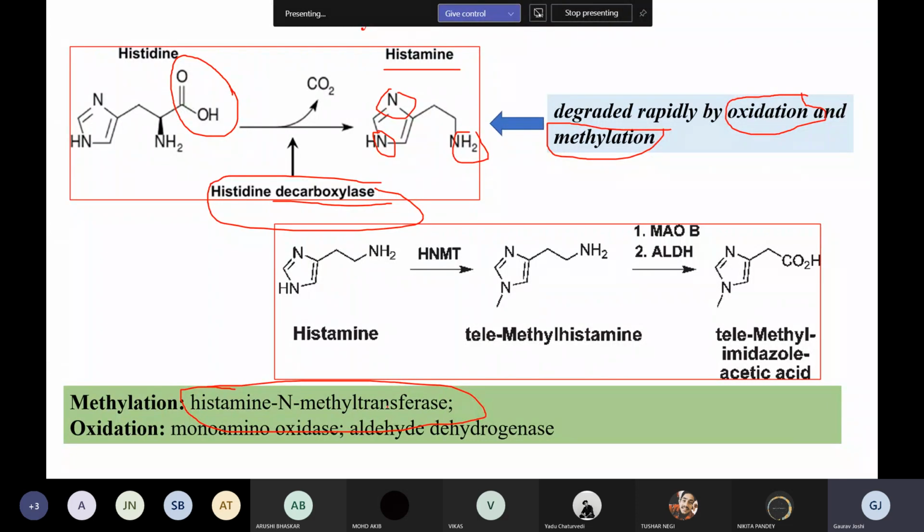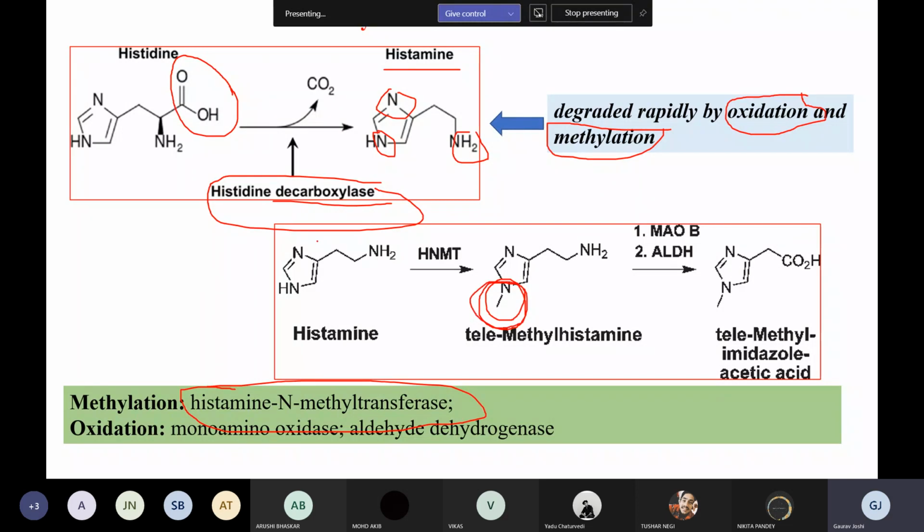What is it doing? It is transferring a methyl group to the nitrogen. This is the histamine, and under the influence of histamine N-methyl transferase, the methyl comes at this position. Why does the methyl come at this position? Can anybody tell?